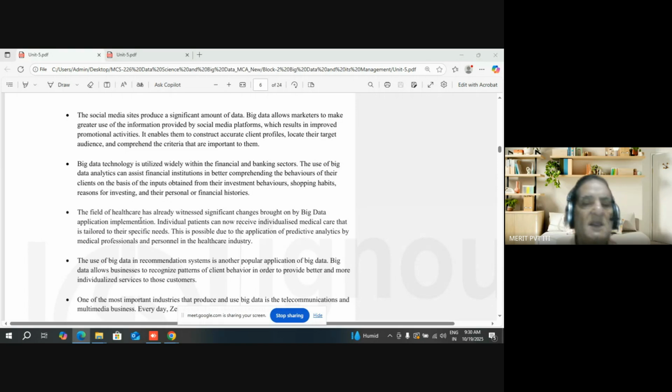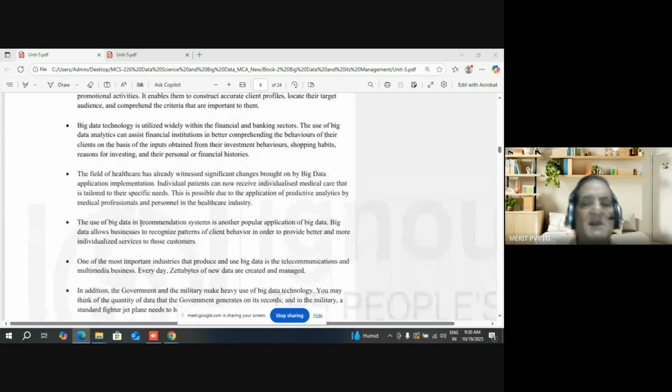Recommendation systems are another popular application in big data. Big data allows business to recognize patterns of client behavior in order to provide better and more individual service to those customers. So you see, if in a mall you store things properly, so that bread, butter, egg, and all these things are very closely related, then people can easily take the things in the cart.